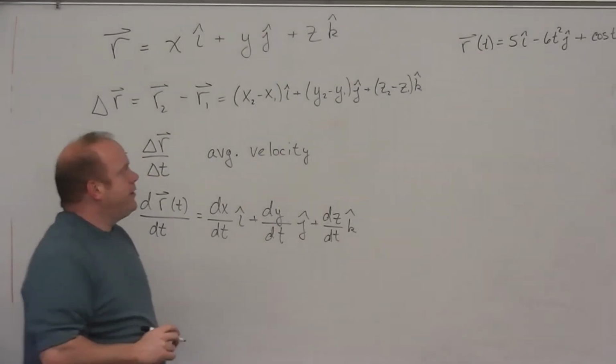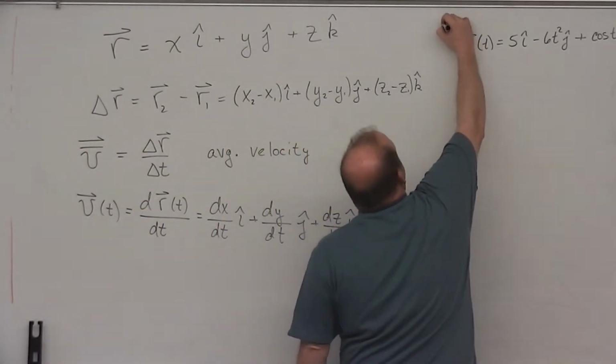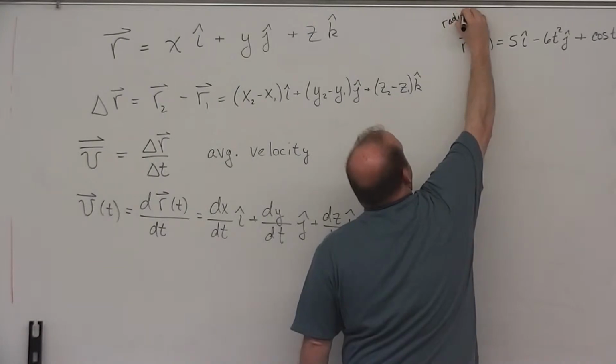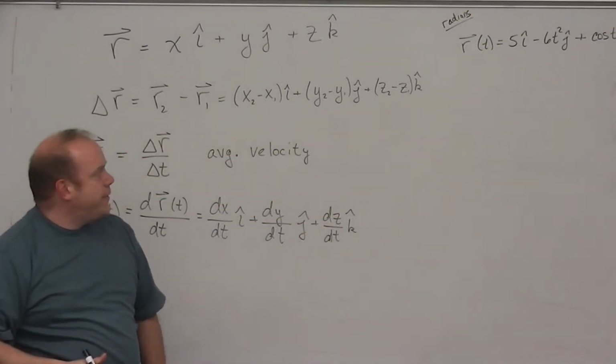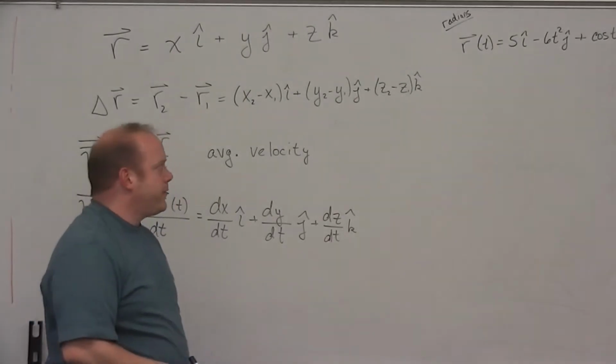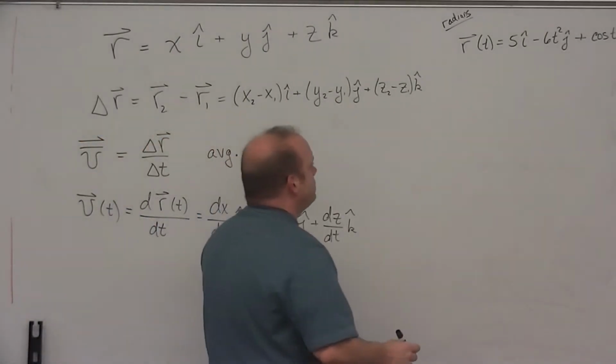Okay. And we're going to say radians. I'm just throwing the cosine of t in there because we know how to take the derivative of cosine.